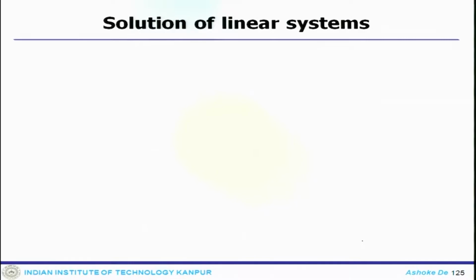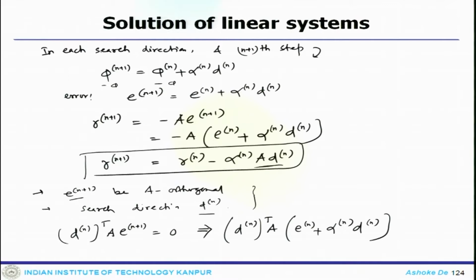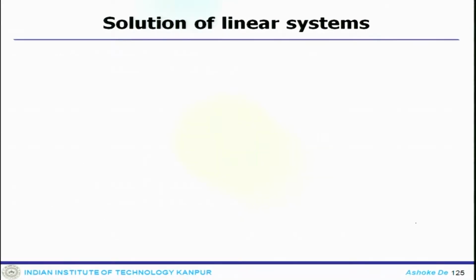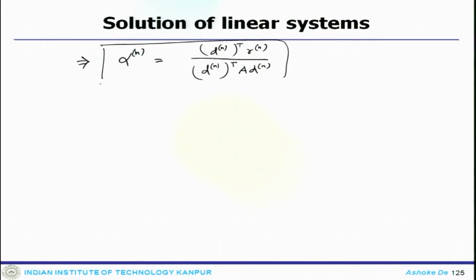Which is essentially going to get us alpha n equals d n transpose R n over d n transpose A d n. So that is what you get for alpha n.